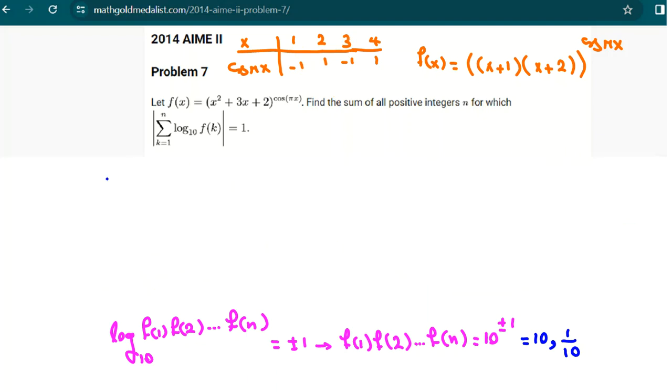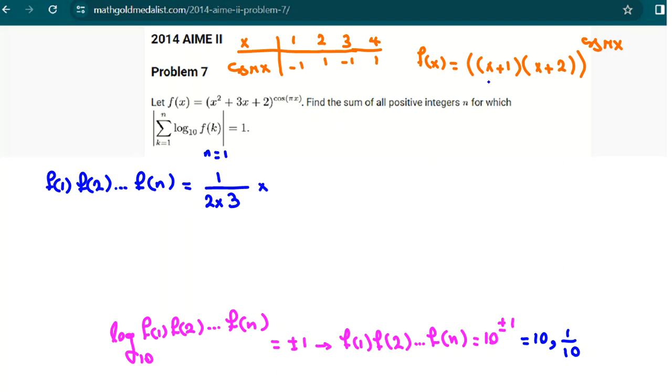Okay, so let's write f1 to fn. We want to see it is what? f1 times f2 times fn. So the first one, f of 1 is 1 plus 1, 2 times 3. Cos pi is negative 1, so it will be 1 over 2 times 3 when n is 1.